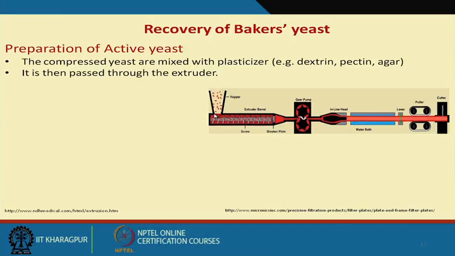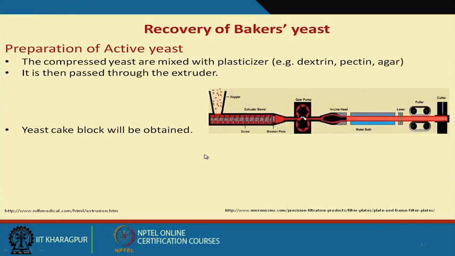In the extruder, you can see this is the screw conveyor. The yeast is coming and the screw conveyor pushes it through a small orifice. Can you see it? This is called an extruder. It comes out in the form of a thread, and then a yeast cake block will be obtained.